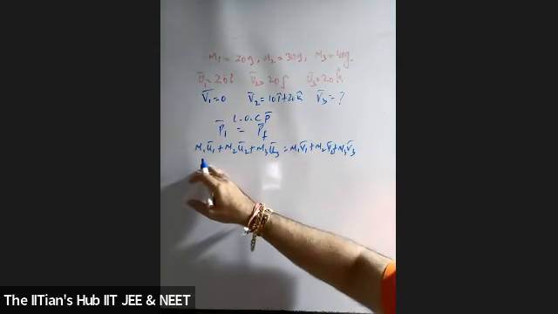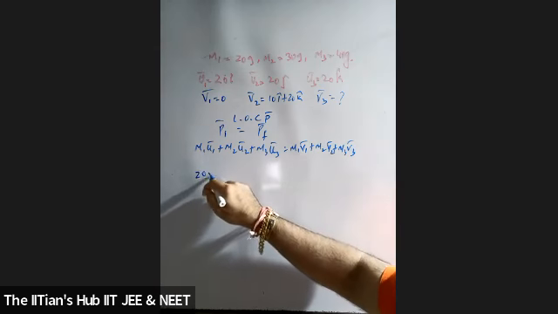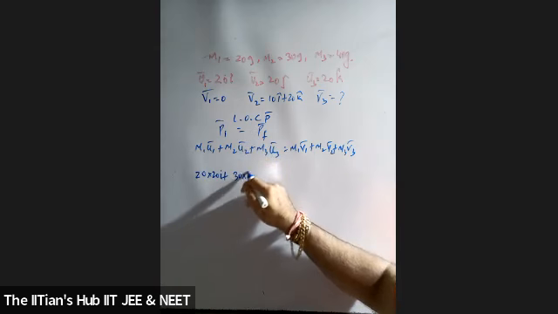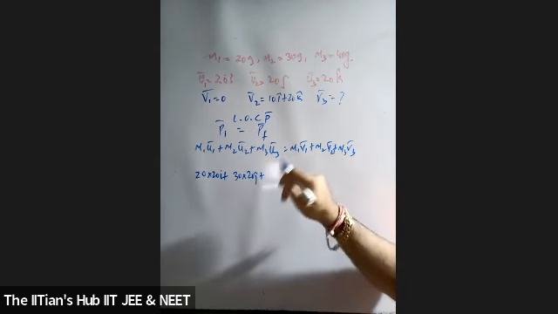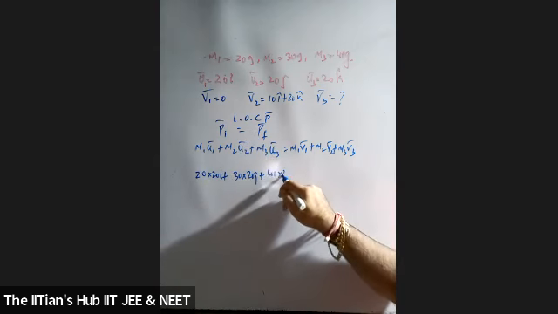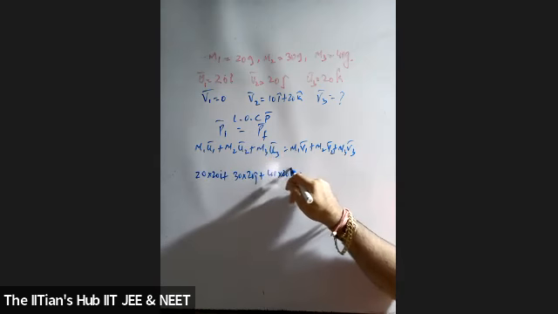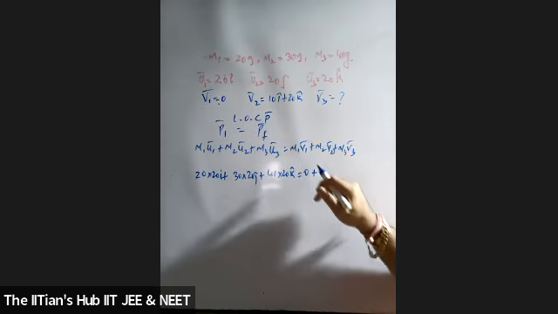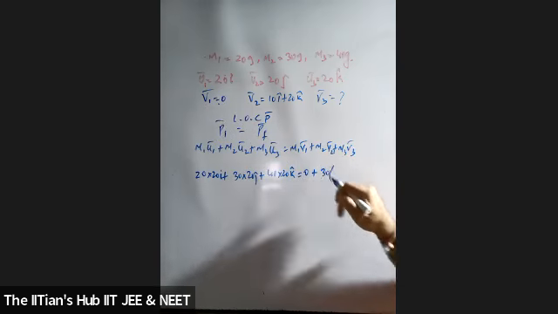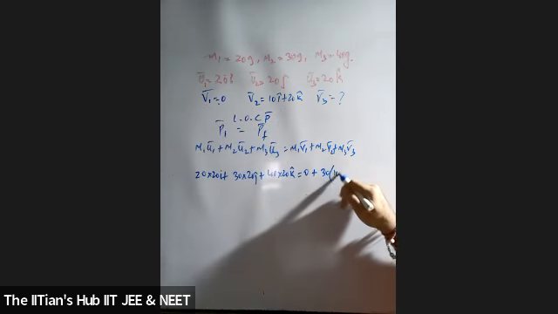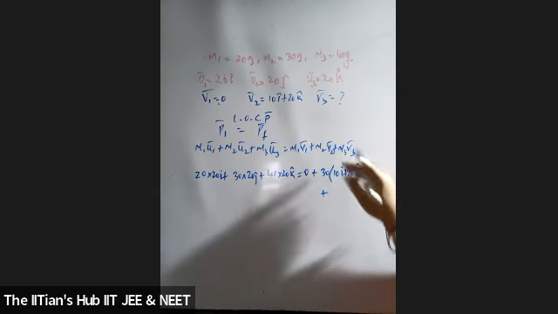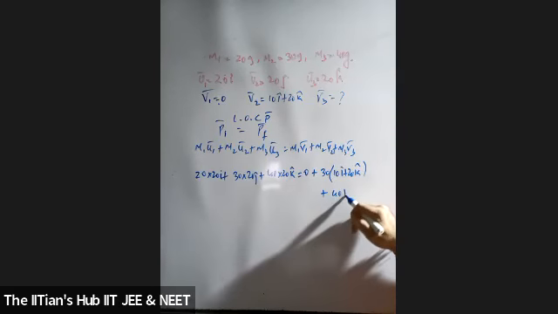Look, how much is M1 given? 20 into U1, so 20I, plus M2 which is 30 into 20J, plus 40 into 20K. Agreed? The first one's velocity is 0, so that whole term becomes 0. M2 is 30 into bracket V2, which is 10I plus 20K, plus M3 which is 40 V3.